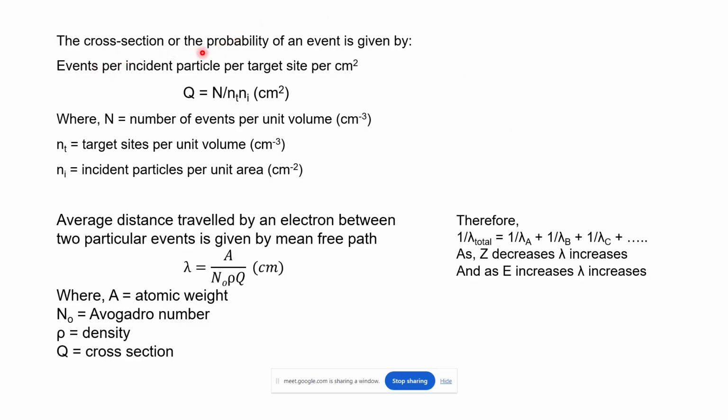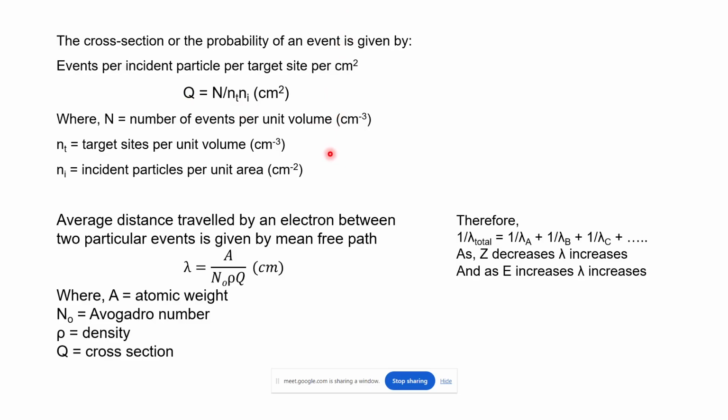the cross section, or the probability of an event, given by the term Q, which is known as the events per incident particle per target size. This is the probability of an event to occur, like for the electrons falling on the specimen.